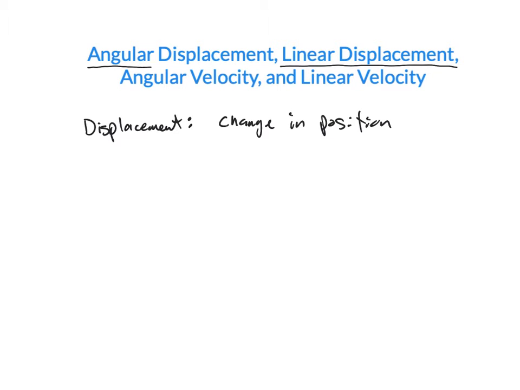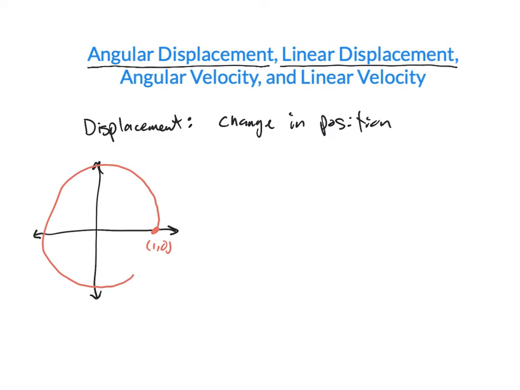We are also going to focus on what we call angular displacement, and that displacement is measured in radians. So for example, let me draw this a little bit bigger, we know on the unit circle, if you were to start at the coordinates 1, 0, and you were to travel around the edge of that unit circle, you would have traveled 2 pi radians.